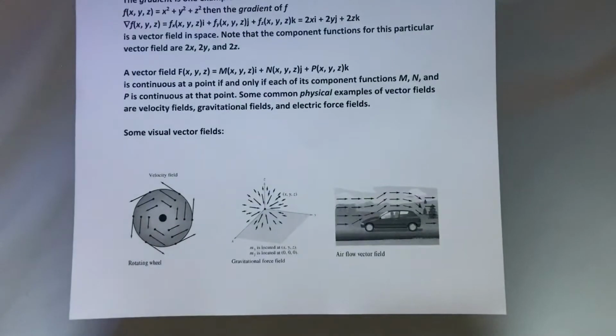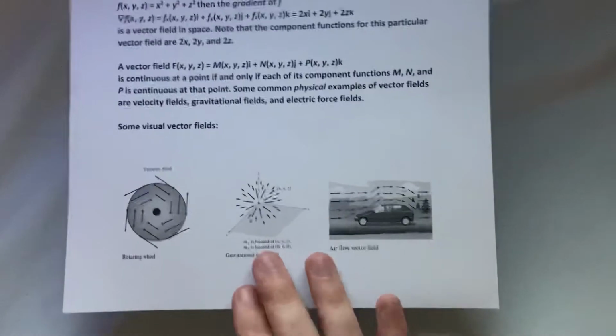For example, a rotating wheel. The angular velocity vector on the outside of the wheel, while parallel to the one on the inside, is stronger because it has more distance to cover. With a gravitational force, the closer you are to the center, the stronger the pull, so the larger the magnitude of the vector.